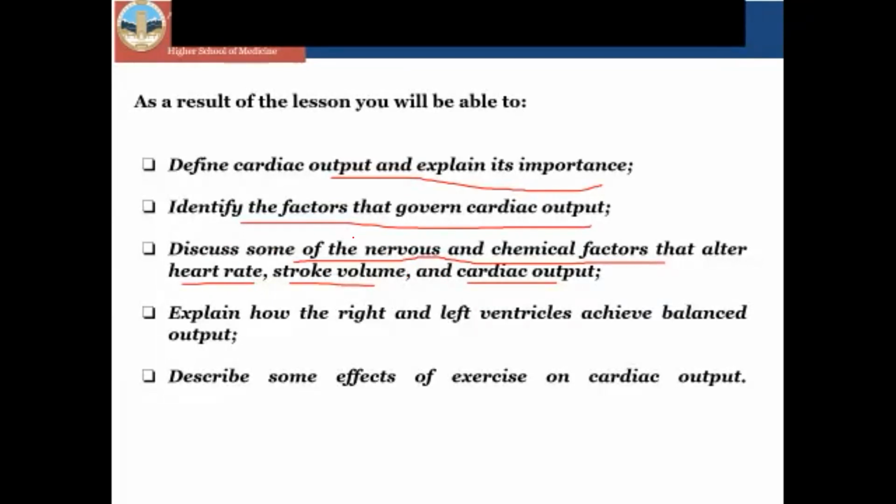We also discuss what these terms mean. And we will explain how the right and left ventricles achieve balanced output. It's important. We will talk about how the heart works totally.